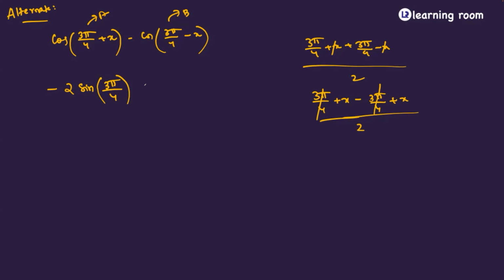So here it is going to be sine x itself. And this is the exact value we got in the previous case. So it will be minus 2 times 1 by root 2 times sine x, which will be minus root 2 times sine x. Okay. So you do it in any way, you'll get the answer.